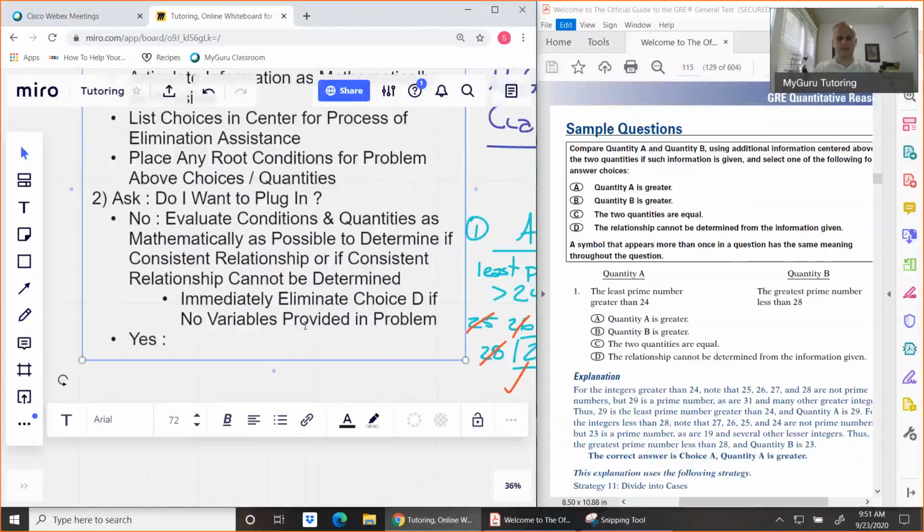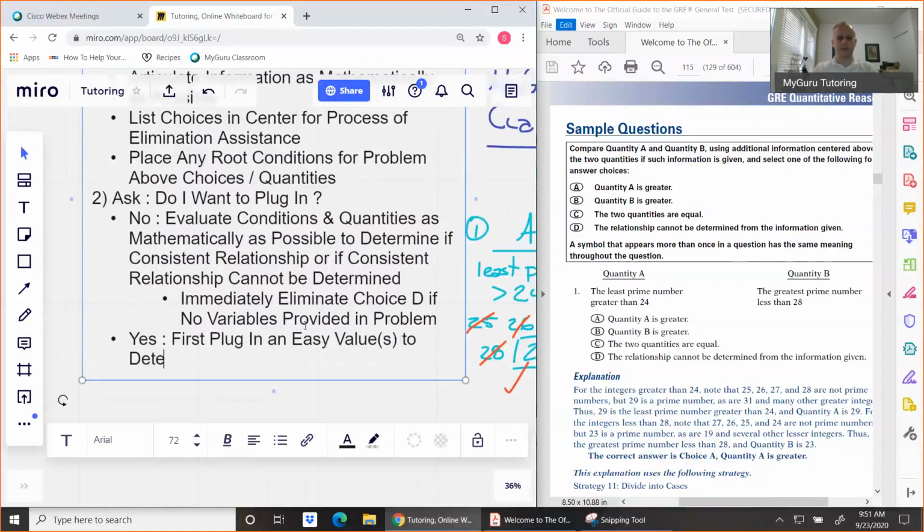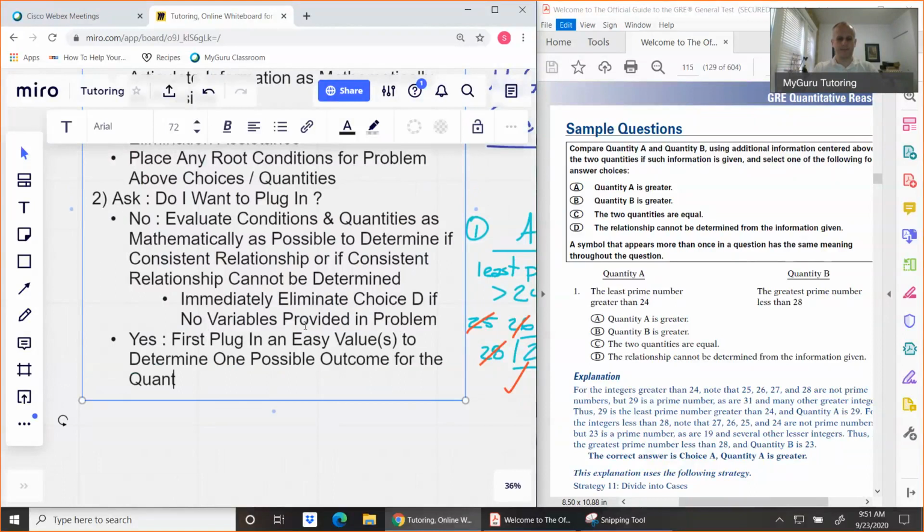And if the answer is yes, you want to first plug in an easy value or values, depending on how the problem is set up, to determine one possible outcome for the quantities, to eliminate two of A, B, or C. Because this again gets us to that idea of I can just logically eliminate things pretty quickly. Even if I'm not 100% certain, I can basically get it down to either one of A, B, or C.